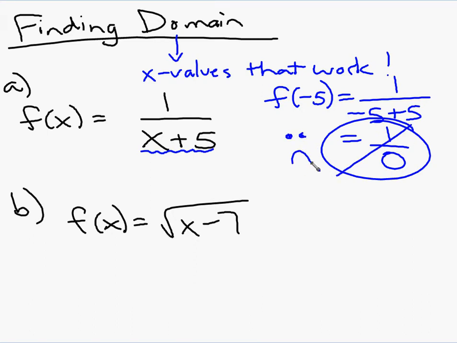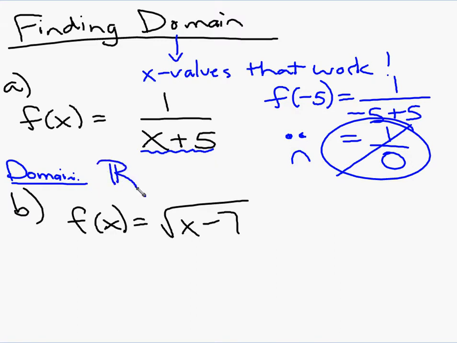Okay? But isn't that the only number that would give me a 0 in the denominator? So my domain for question A is all of the x values except negative 5. Now how do we write that? Let me show you. There's two ways we can write it. I can say all real numbers.